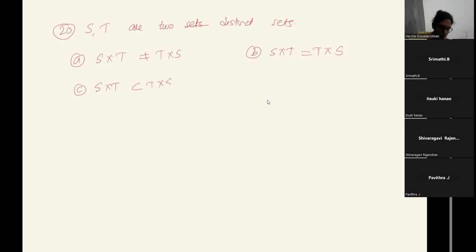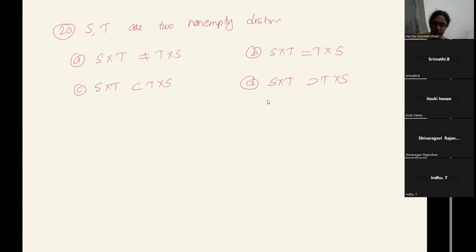Given S and T are two distinct sets, the options are: S cross T not equal to T cross S; S cross T equal to T cross S; S cross T subset of T cross S. I should take S and T as two non-empty distinct sets.